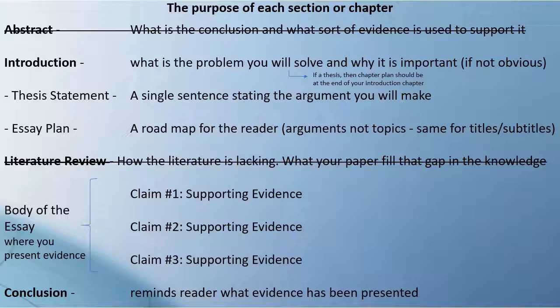So in an abstract, all you're doing is you're saying what is the conclusion and what sort of evidence is used to support it, right? You won't really give an essay plan, but it's more important to say what your evidence is, right? So this uses a case study to support the argument that blah blah blah.